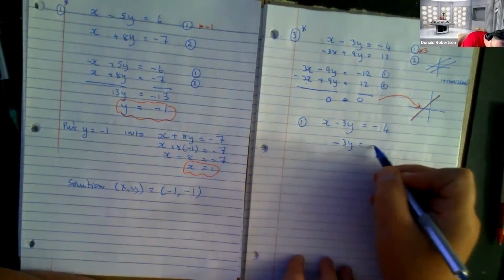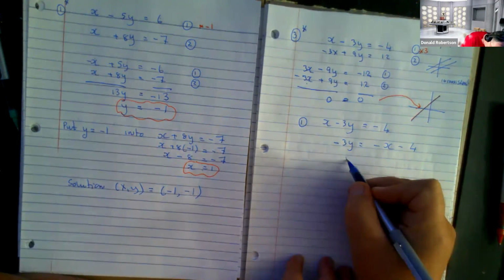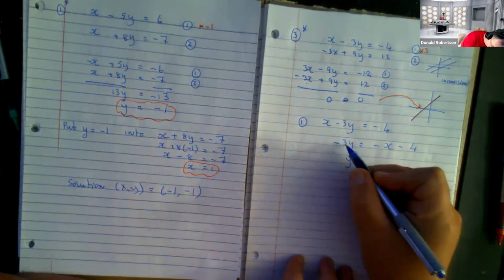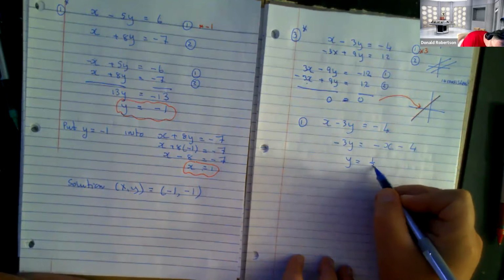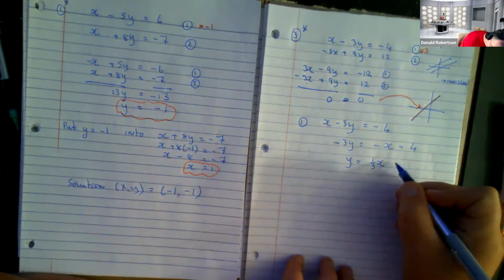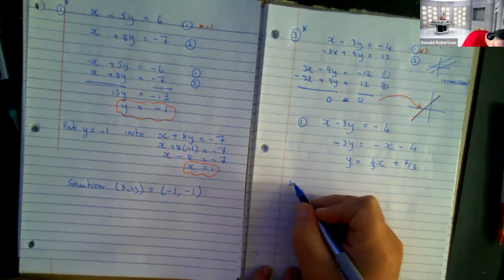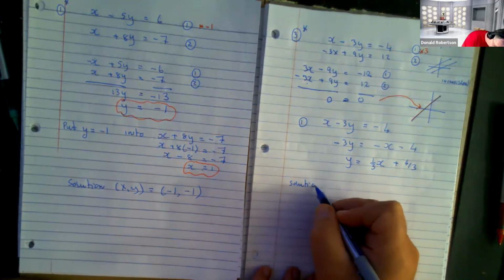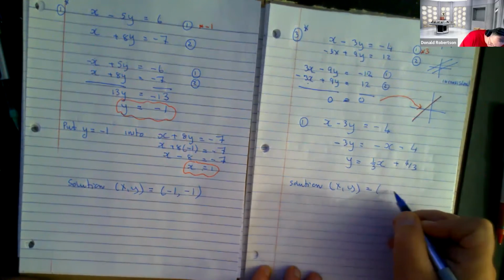So I'm going to subtract an x from both sides. I'm then going to divide everybody by -3. Negative 1x divided by -3 gets you positive 1/3. -4 divided by -3 gets you positive 4/3. And our solution, the one that you will write down in WebAssign, won't be number comma number.